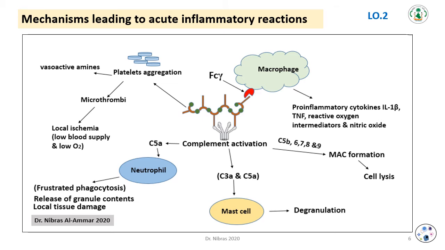Also, another mechanism is complement activation leading to C5a. C5a will attract neutrophils. Neutrophils show what we call frustrated phagocytosis, and release of granules containing enzymes causes local tissue damage. What is frustrated phagocytosis?